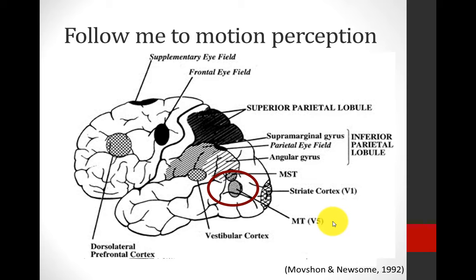Which means, if you remember, they typically respond best to motion within a given range of directions, and respond essentially not at all to motion in the opposite direction. You saw some of this with the Hubel-Wiesel work when they were discovering the complex cortical cells, but not quite as overwhelmingly direction selective as you see in area MT.